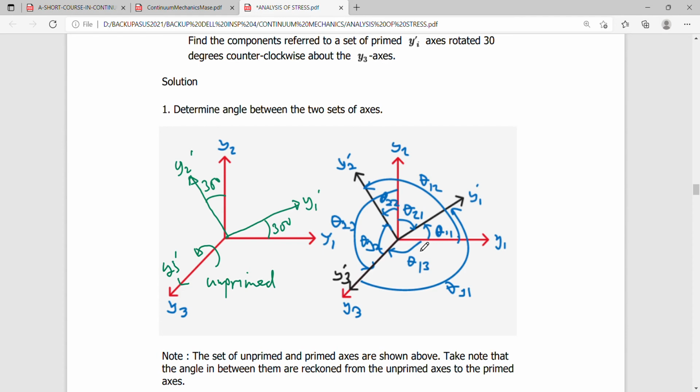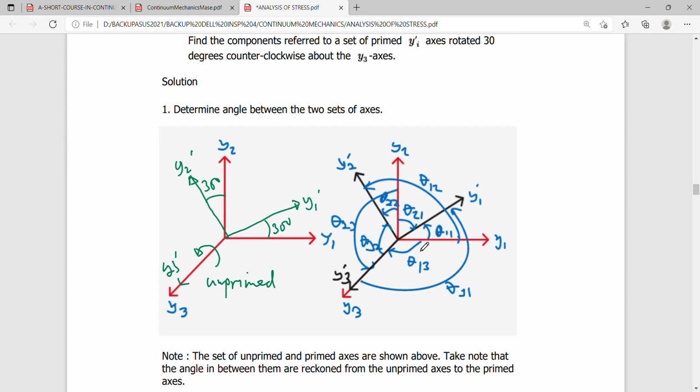So the cosine of 0 degrees is 1, but the cosine of 180 degrees will give you a negative 1, because it will refer to the other side of the axis.